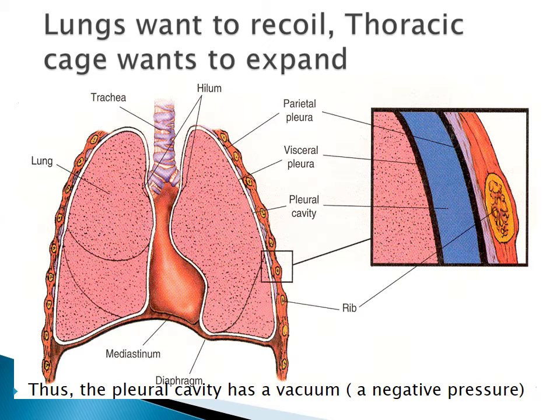So as you're pulling up your rib cage, when you're doing the work of breathing, your lungs go with your chest wall, right? But they really want to come back to kind of a relaxed position, all right?